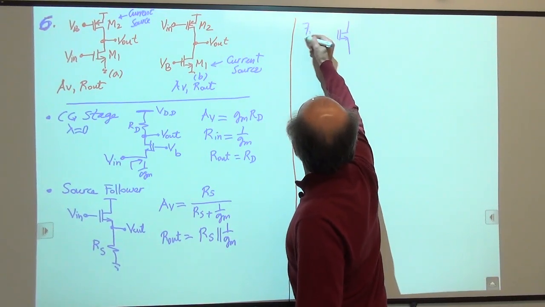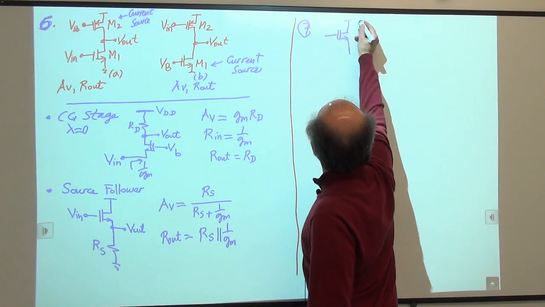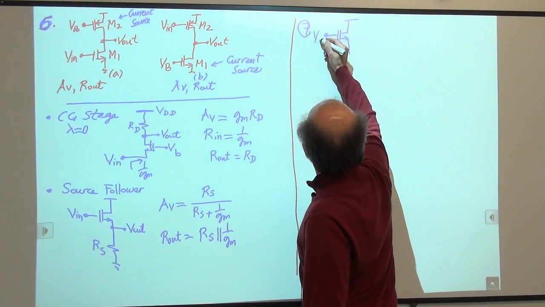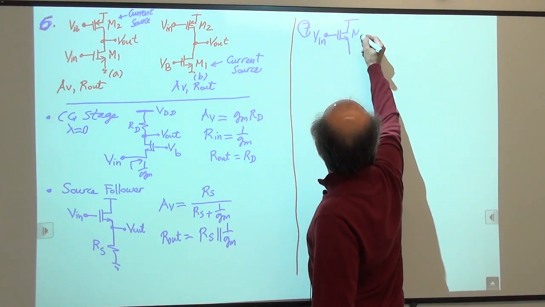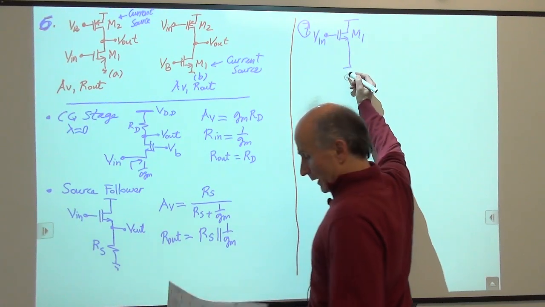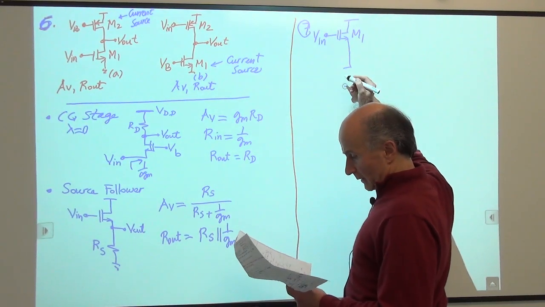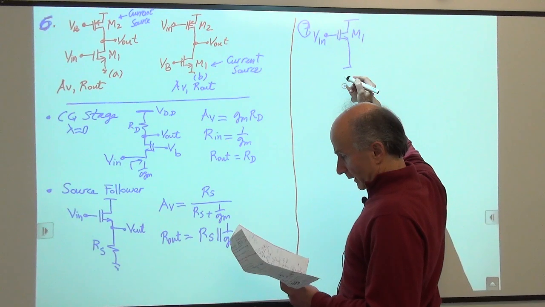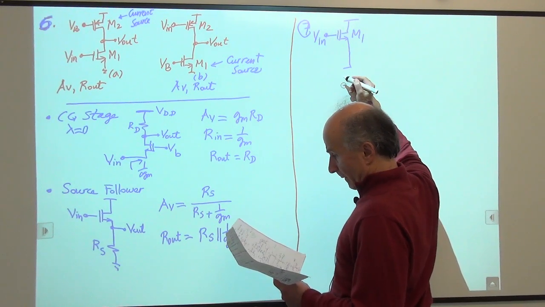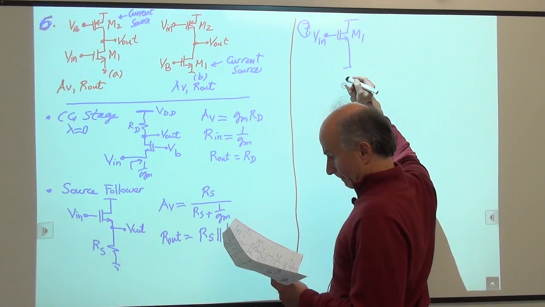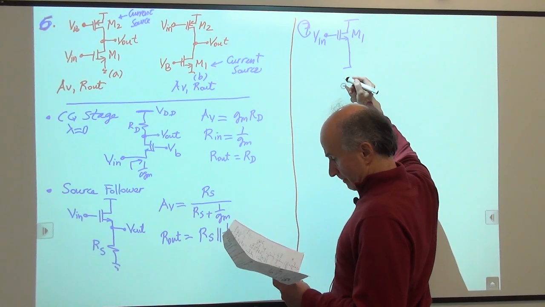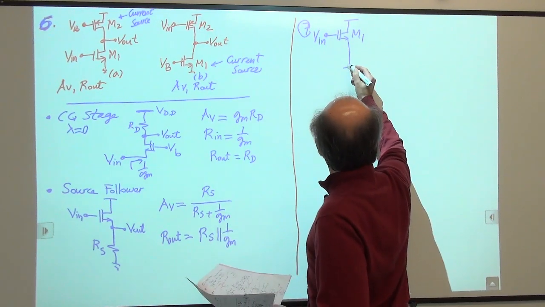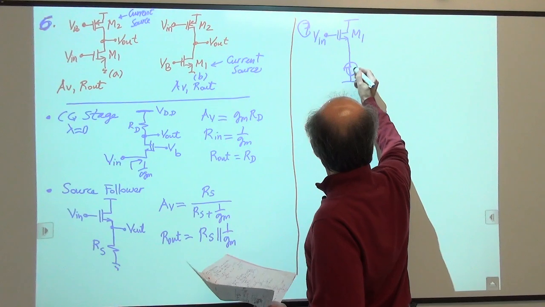Problem number 7. And here's the circuit we want to analyze. V in goes here. This is M1. And then what we have looks like this. The following. So we have an ideal current source here.